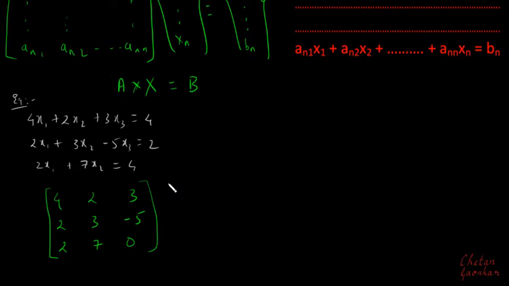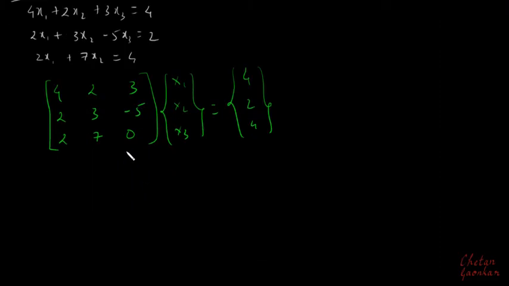This is multiplied by our unknown vector x1, x2, x3, and this should be equal to a forcing function 4, 2, and 4. So this is our matrix of coefficients, this is the unknown vector, and this is the forcing vector.